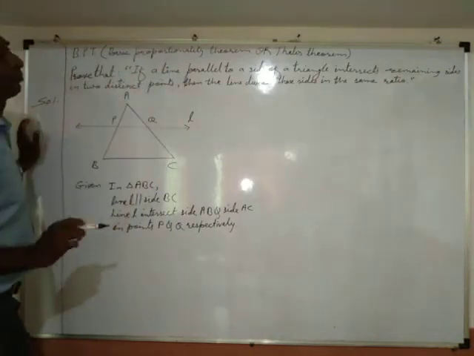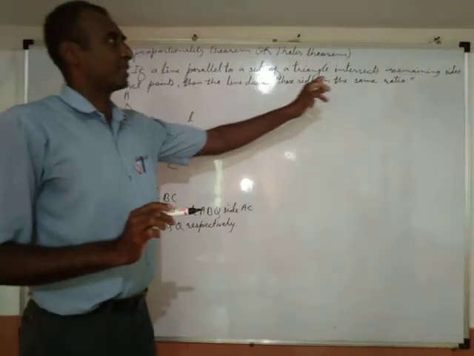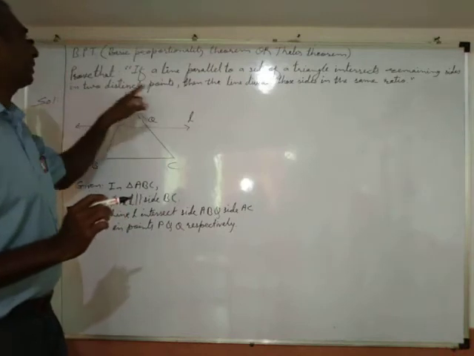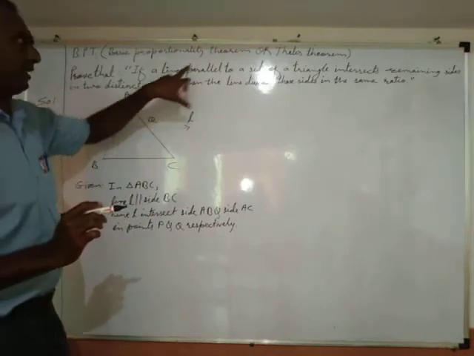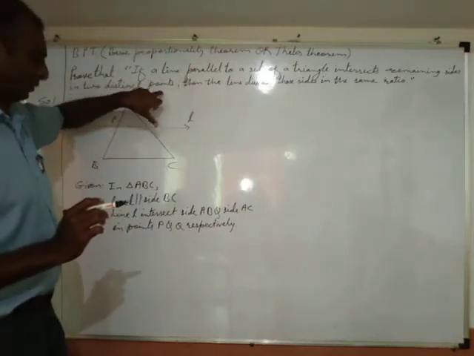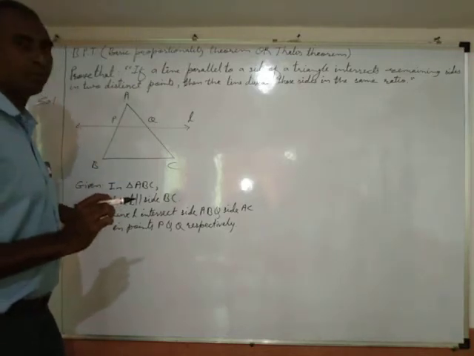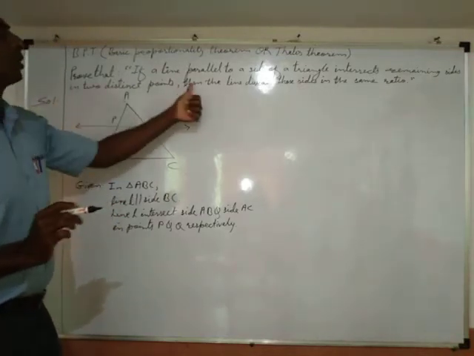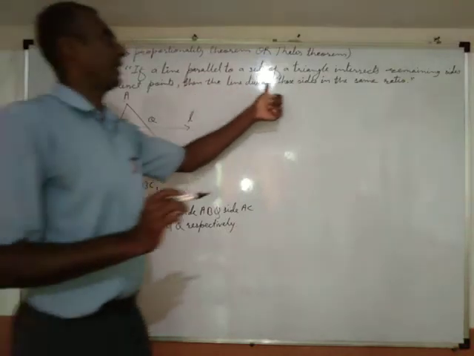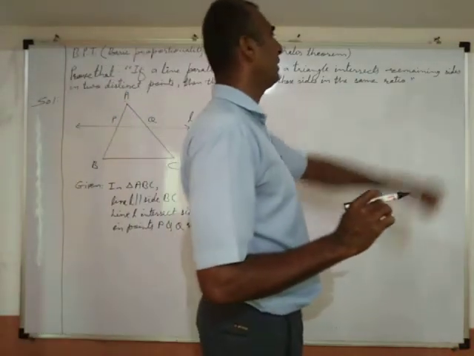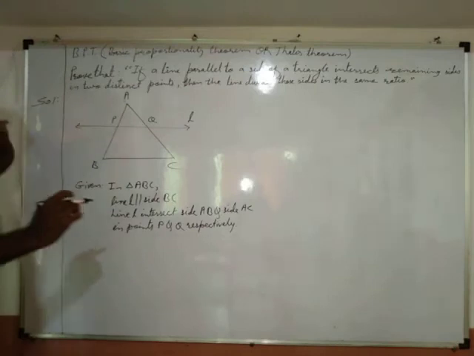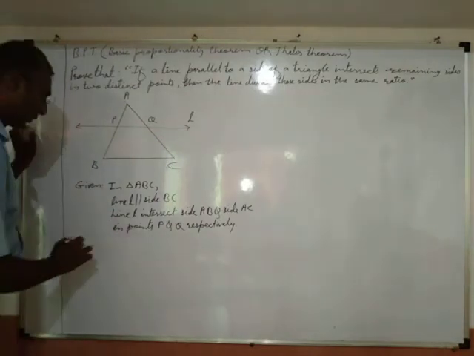If a line parallel to a side of a triangle intersects the remaining sides in two distinct points, this is the antecedent part which we have mentioned in the given. Now the consequent part, the line divides those sides in the same ratio, we use to prove.